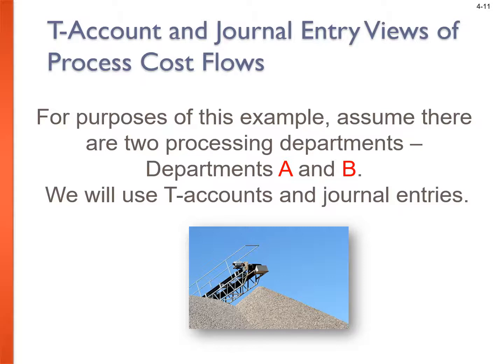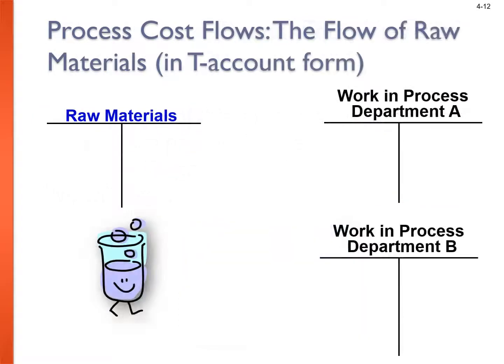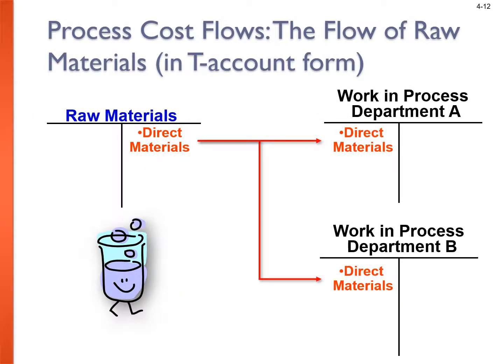When it comes to the flow of raw materials, and this is on page 164 of your book too, they could flow into the work in process department B and the work in process department A. If you were talking about the potato chips, it could be the preparation department and the cooking department.